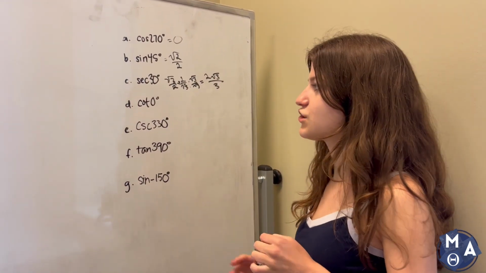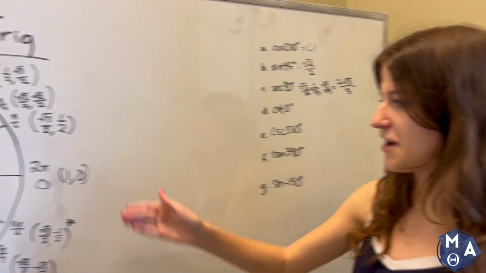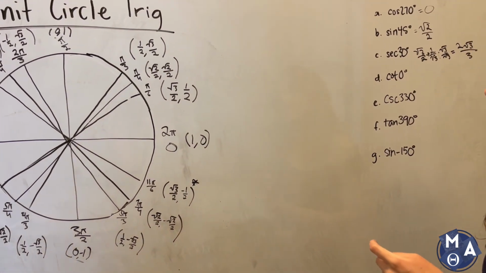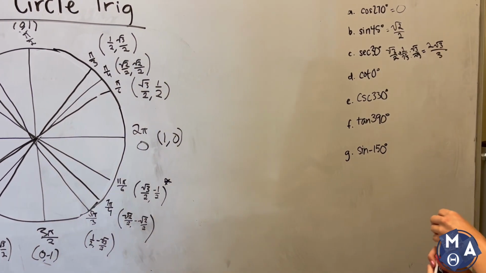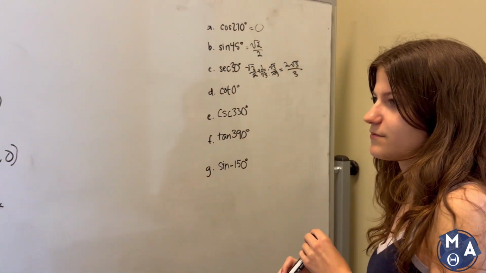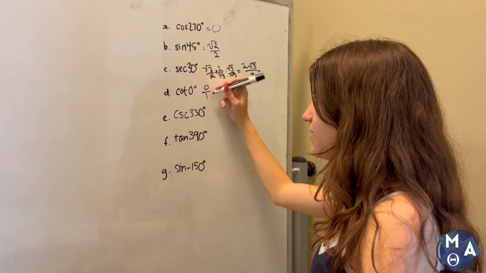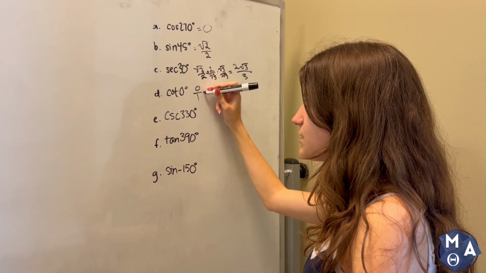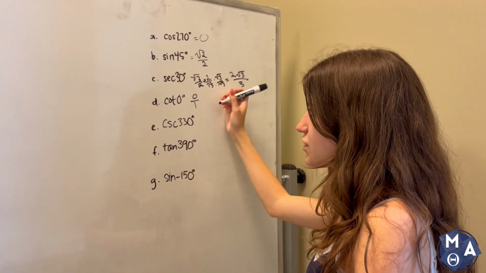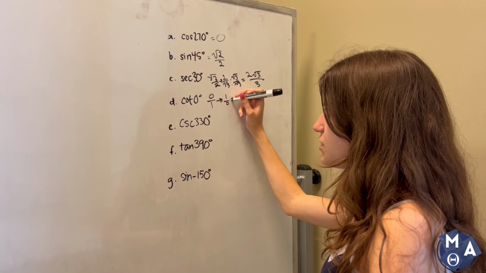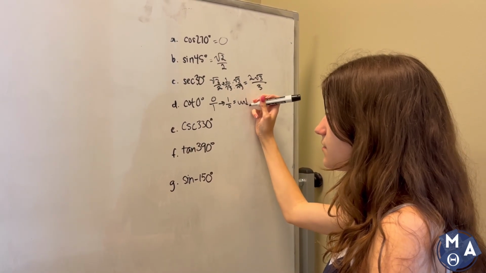Next, we have the cotangent of 0 degrees. So 0 is right here, and the tangent would be sine over cosine. So we would do 0 over 1, but then that would just be the regular tangent. So we would flip it around to be 1 over 0, which equals undefined.